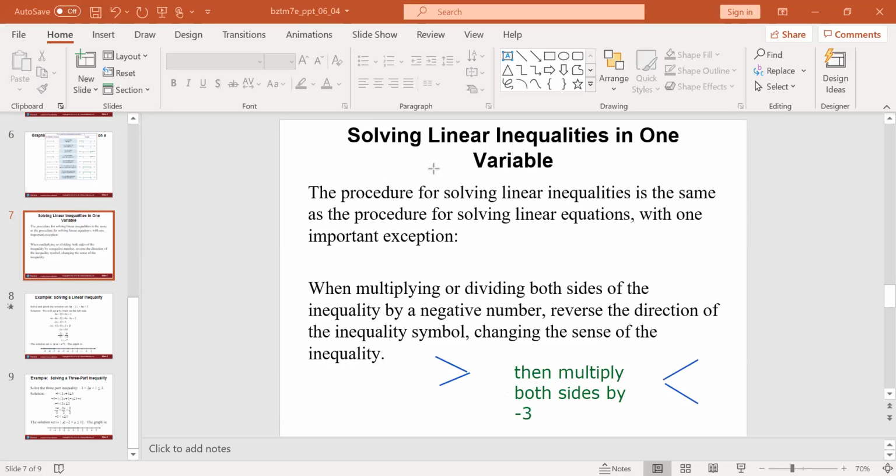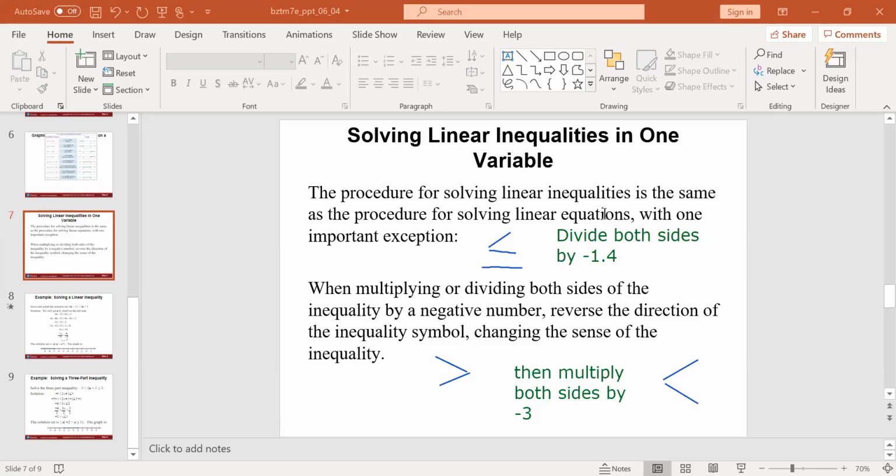Or if you started with a less than or equal to symbol, and then for whatever reason, to solve it, you need to divide both sides by -1.4.